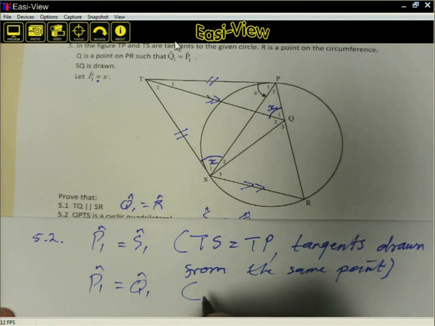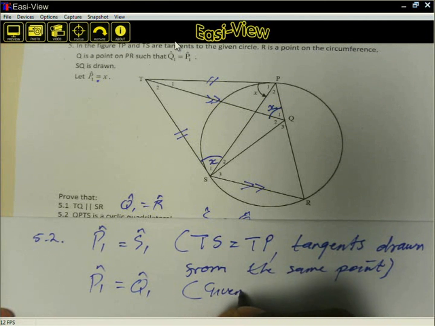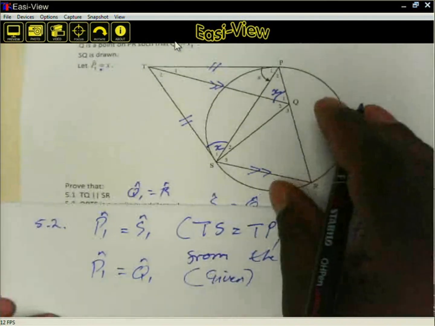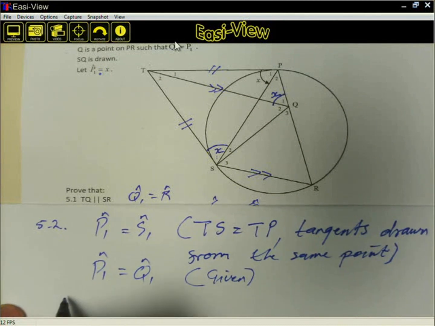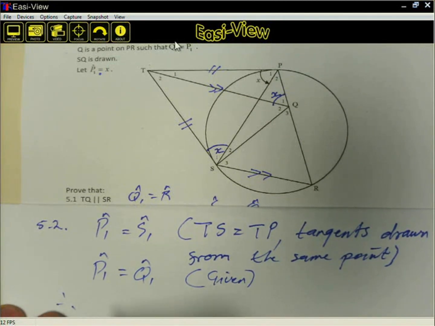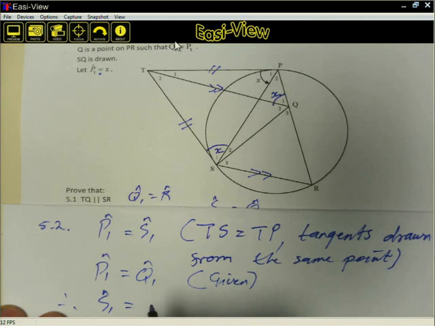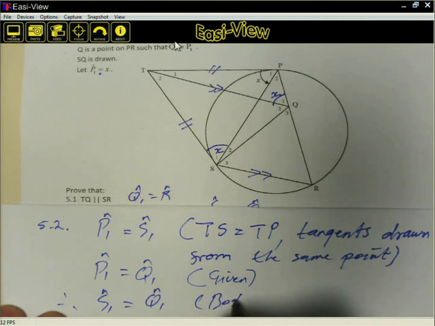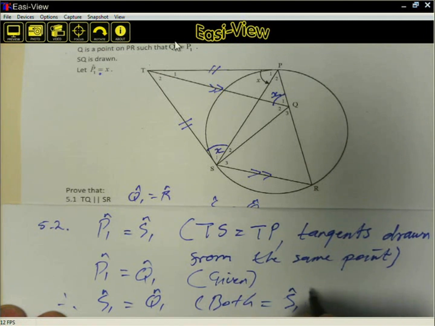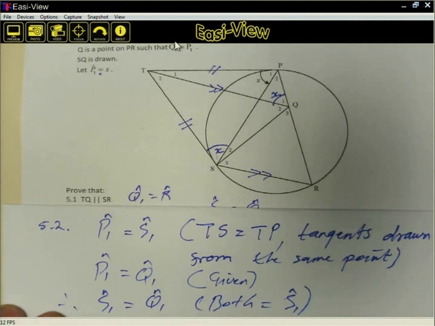Therefore, this is given. From the two statements, P1 is equal to S1 and P1 is equal to Q1, we draw a conclusion. Therefore S1 will be equal to Q1. They are both equal to angle P1.